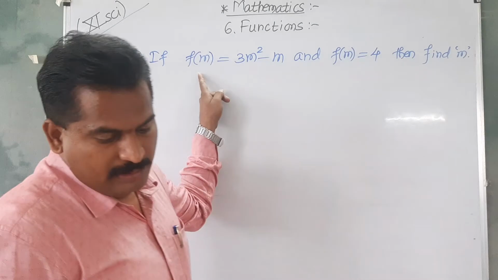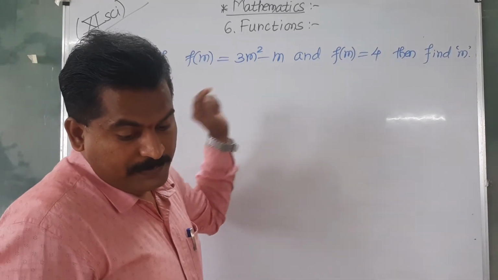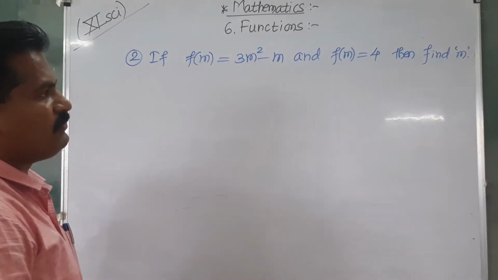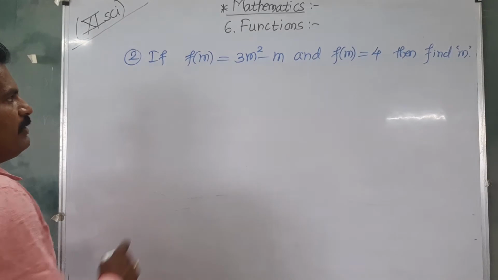We have given f of m is equal to 3m square minus m, and f of m is equal to 4. Then find m. Okay.